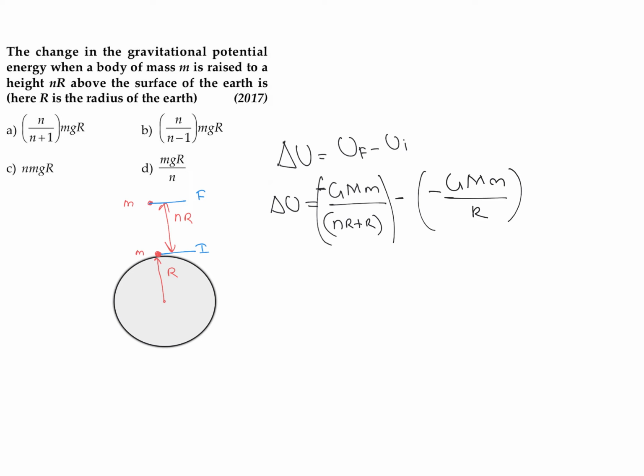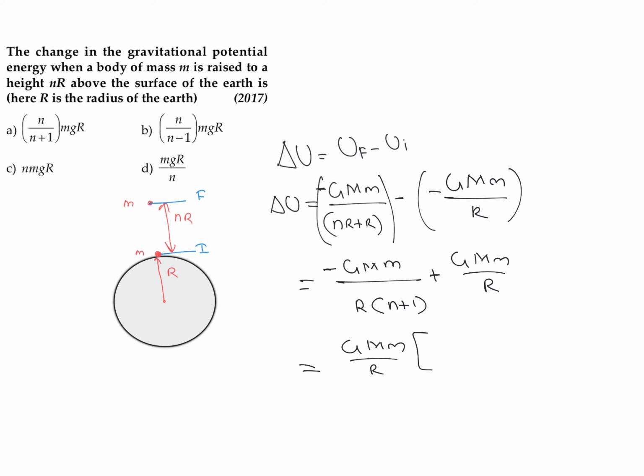Now we can find the value of its change in potential energy. We can take GMm and 1/R as common. So this is going to be minus GMm divided by R into (n plus 1), minus, and taking minus minus, it becomes plus GMm divided by R. Now we can write this as GMm divided by R into, minus 1 over (n plus 1) plus 1.